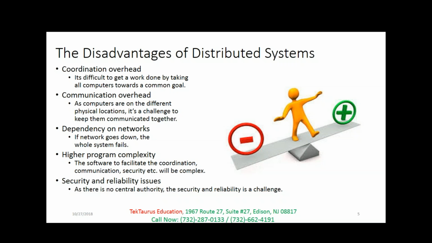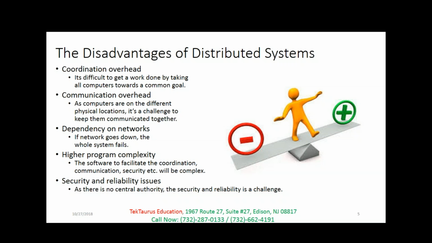Okay. Another thing is the communication overhead. It is not very easy to communicate with systems that are located in different locations, because in a distributed system the individual computers are located in different locations, and there is no central authority that is responsible for all these things.